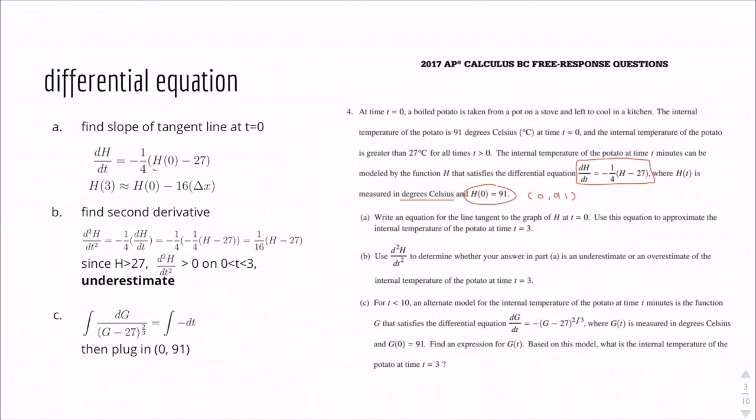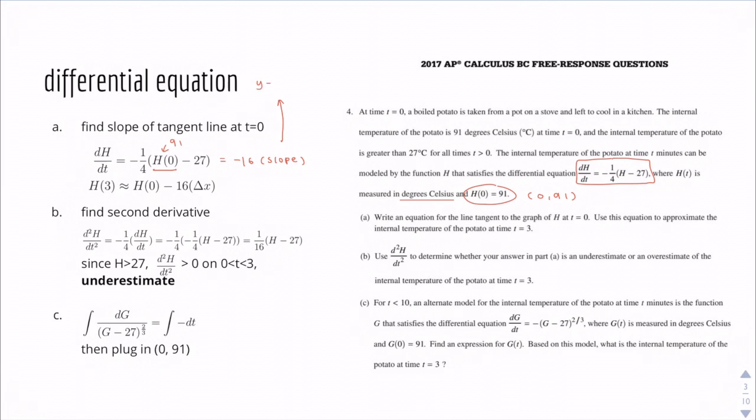At t equals 0, H equals 91, and we can plug that back into the equation of dH/dt and get the slope of negative 16, which is the slope of the tangent line at t equals 0. Then we can figure out the equation of the tangent line by using point-slope form.